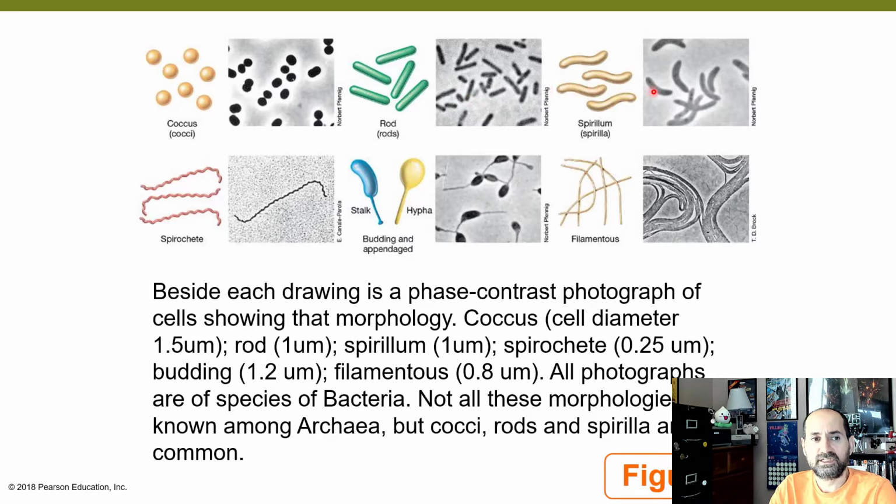Spirillum, spiral shape. Spirochetes, which are corkscrew-shaped. And then these are the appendaged bacterium I told you about, where they could have a stalk or an appendage, hypha. And then the filamentous bacterium as well. These actually look like mold when you look at the colonies themselves. So they're really interesting.